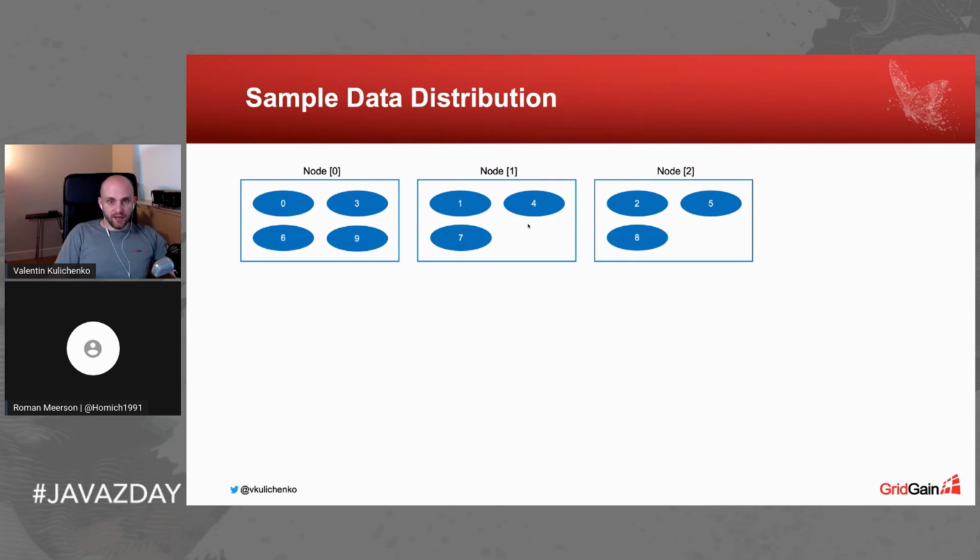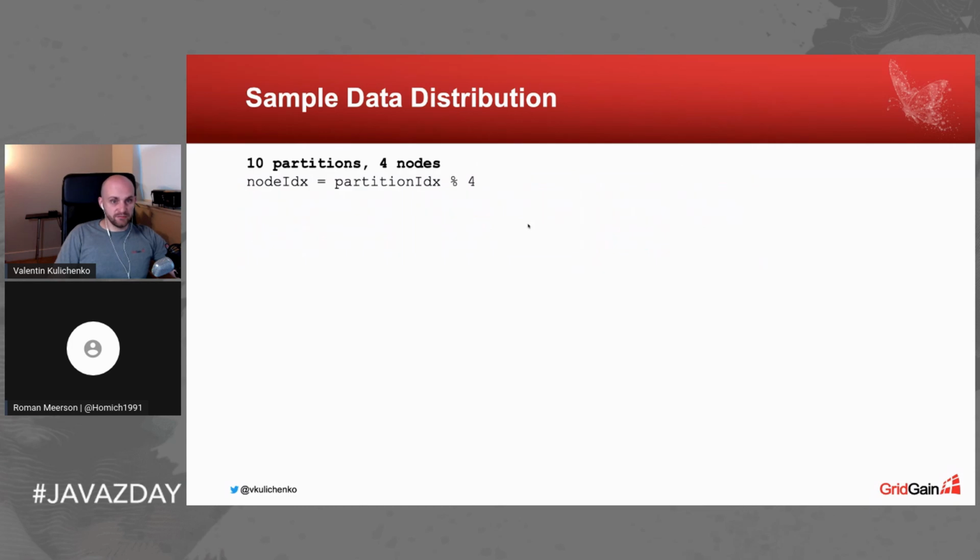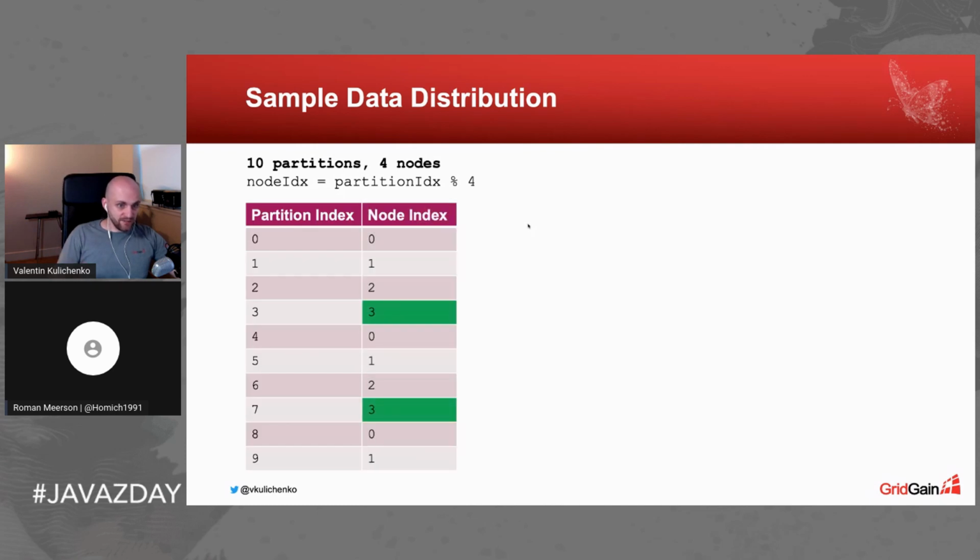However, let's check what happens if we add another node, right? So we add another node, therefore we have 4 nodes in topology now, and therefore the mapping changes. So let's see how it changes. We have the same list of partitions, but the node indexes are now different.